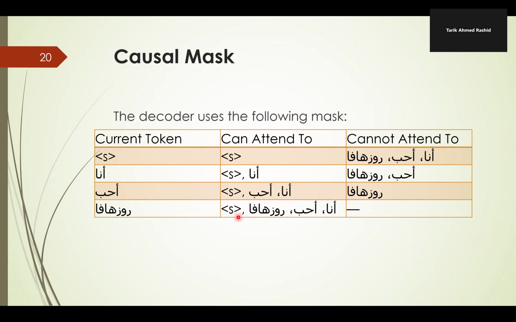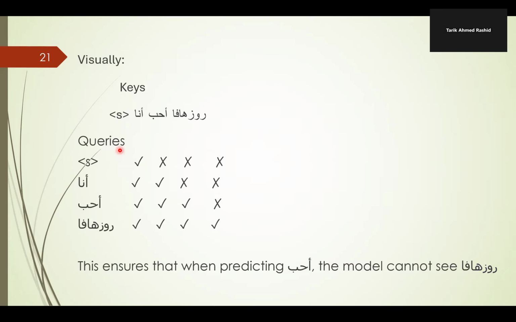Everything is seen. So if this is a matrix, the first row is represented by the start token. The start token can see itself, but cannot see Ana, Ahab, or Rojava.